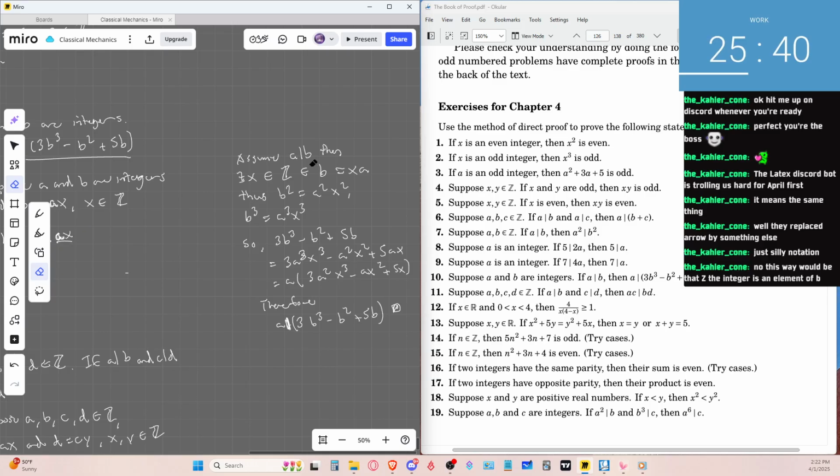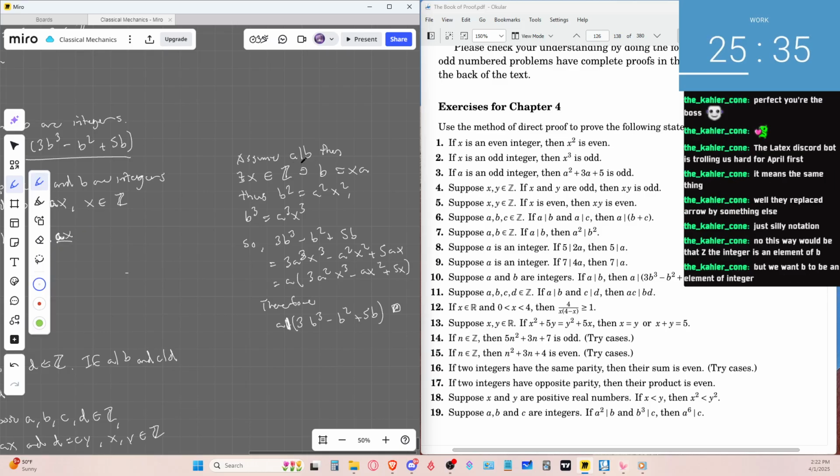So why is it backwards? That's the one thing I don't get. What does it mean when it's backwards? But we want b to be an element of the integers. So is it written backwards like that because you also want to include b in that notation? Because obviously you don't want to write b equals x times a, right? It's just another way of putting all those ideas into one statement, I guess. Is that the reason why they wrote the epsilon like that?